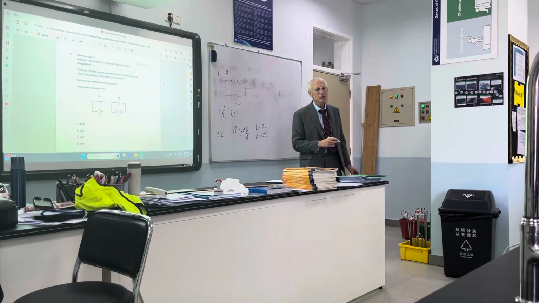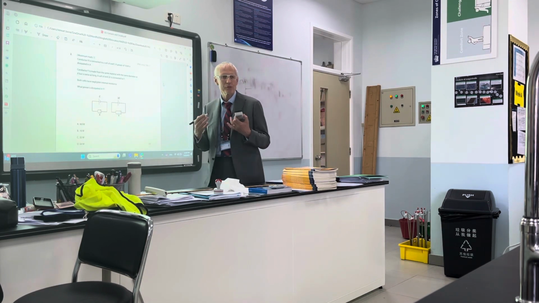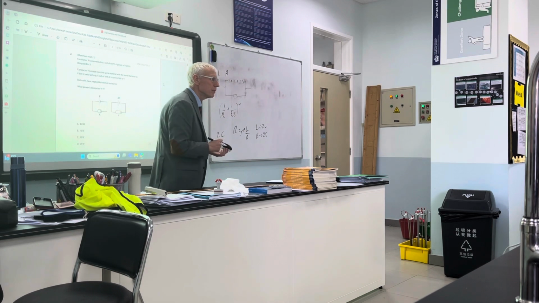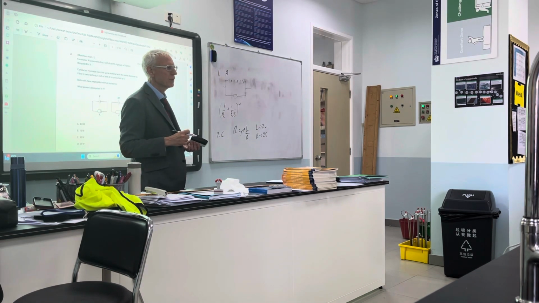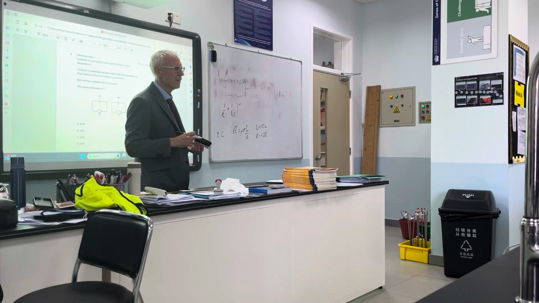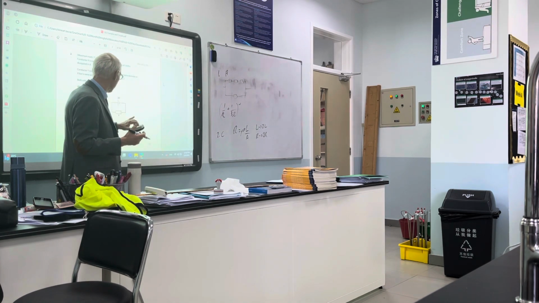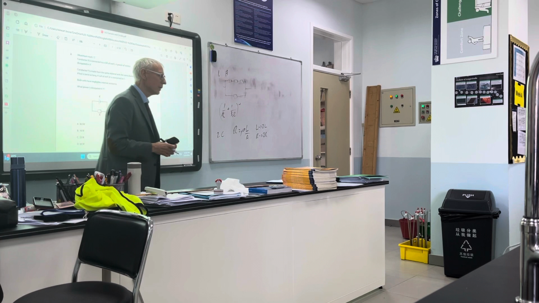Agreed? So if we've doubled the EMF and we've doubled the resistance, what happens to the current, Jay? What does the current do? Hannah? What have you done to the current if you've doubled the EMF and you've doubled the resistance?